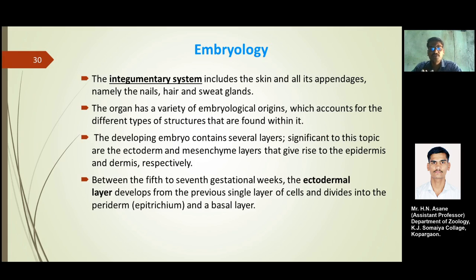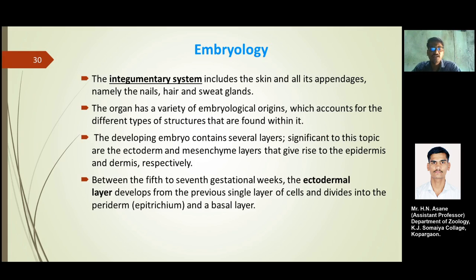Between the fifth and the seventh gestational week, the ectodermal layer develops from the previous single layer of cells and divides into the periderm.